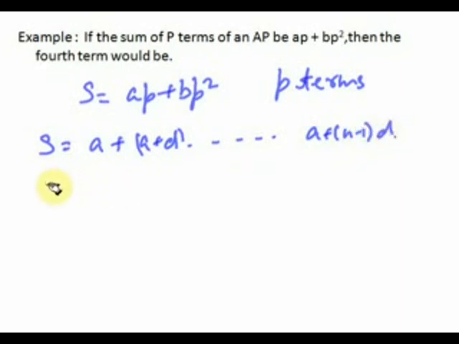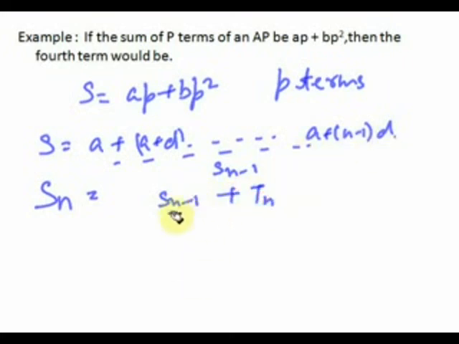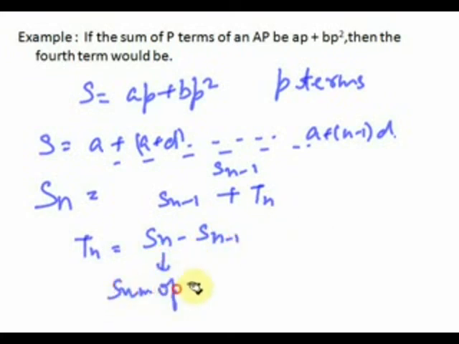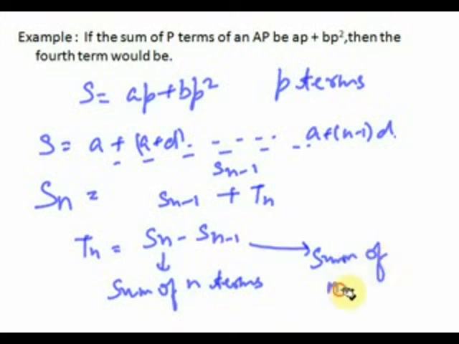Right? So we can write the sum of n terms, Sn, is equal to the sum of n minus 1 terms, S(n minus 1), plus the nth term. Right? So we'll get the nth term is equal to Sn minus S(n minus 1), where Sn is the sum of n terms and S(n minus 1) is the sum of n minus 1 terms.